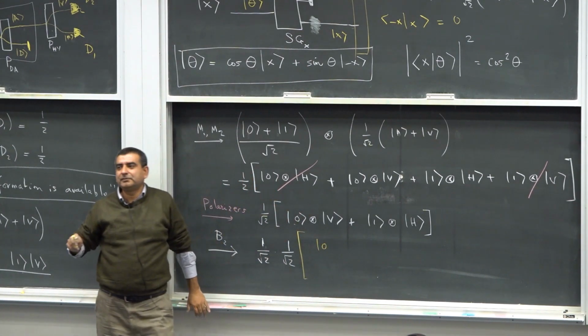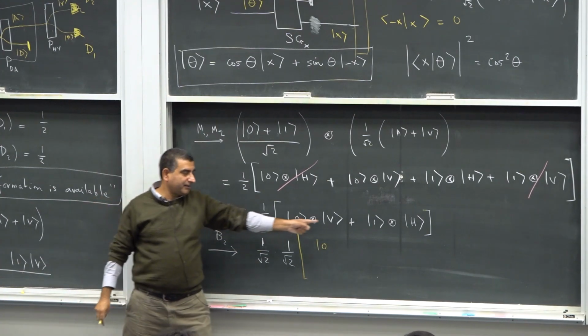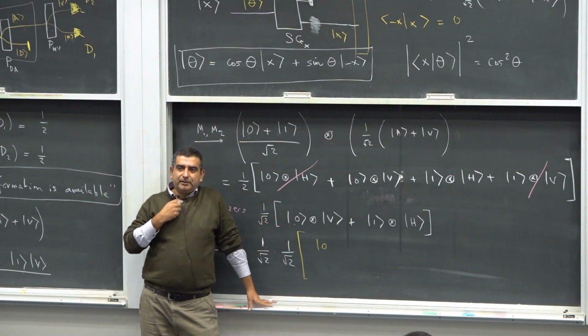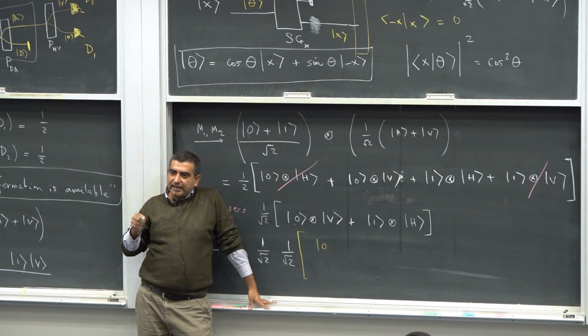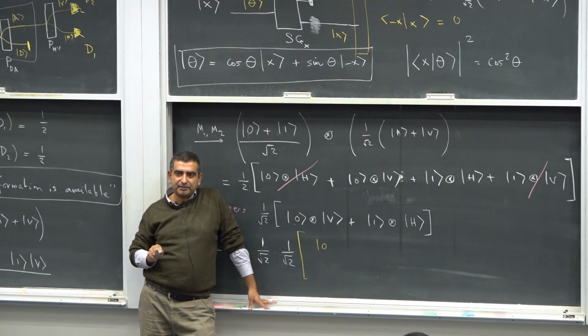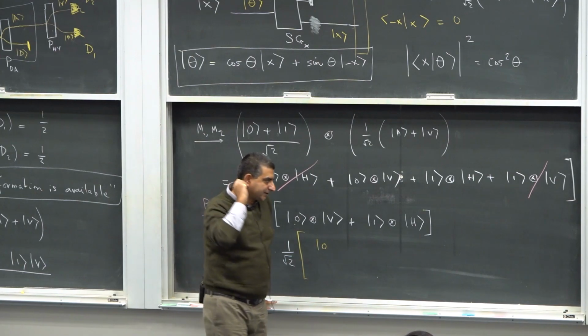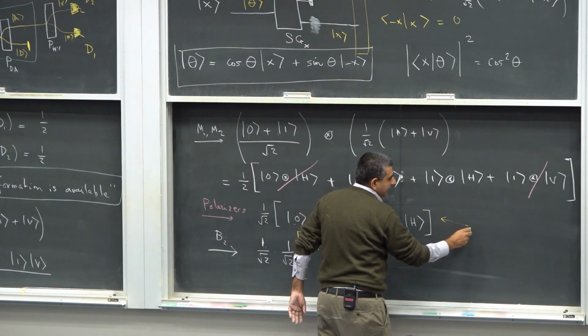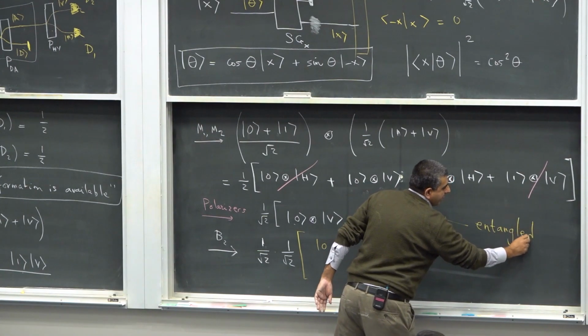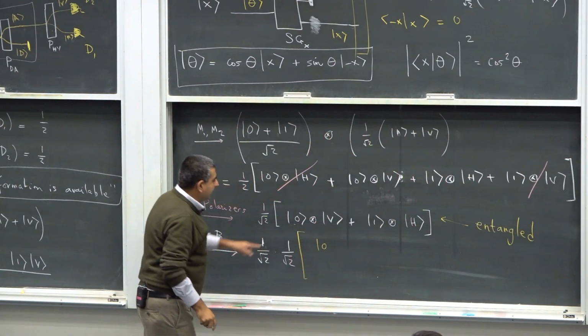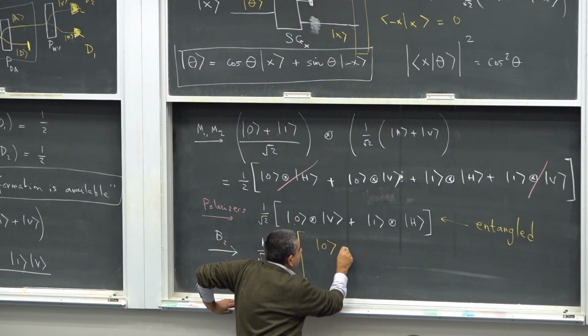By the way, this state is called an entangled quantum state. This is an example of an entangled quantum state, the entanglement between path and polarization. This is your first acquaintance with an entangled quantum state. I'll explain this later, but ket 0 goes into a superposition.